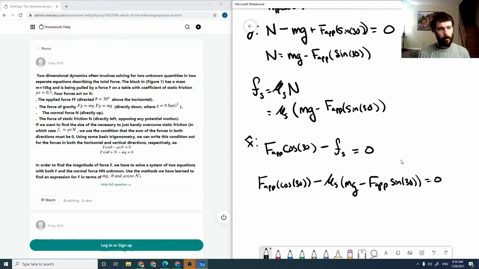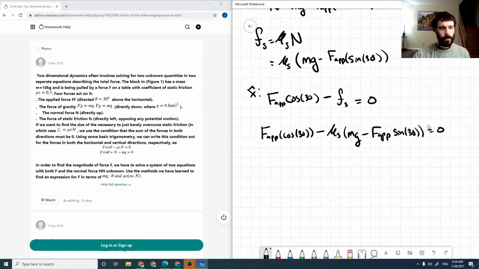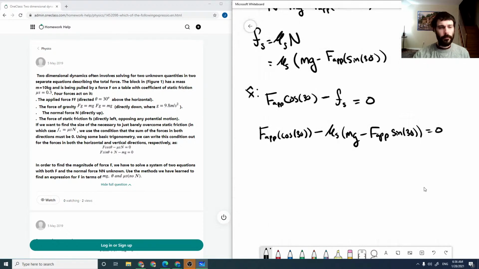And then we're looking for our applied force such that we just overcome our static friction, so that will be the solution to this equation.